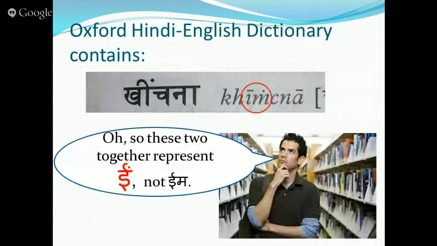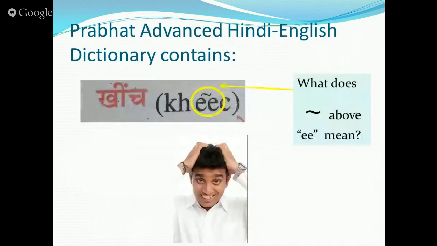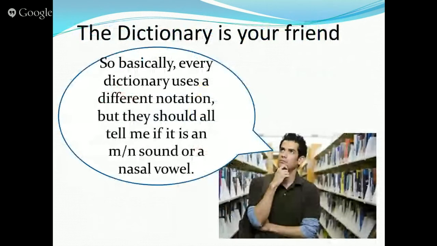In Oxford Hindi English, you have to know that the M with a dot afterward means the previous sound is nasalized. So what are we getting at here? Basically, whatever dictionary you have will have a different notation, but it will tell you if the dot represents an N or an M sound or it's the nasalized vowel.